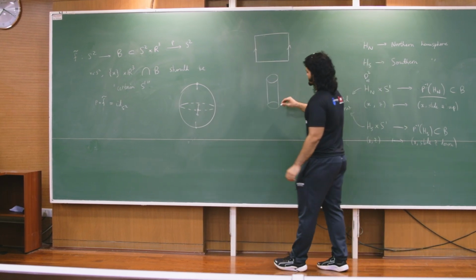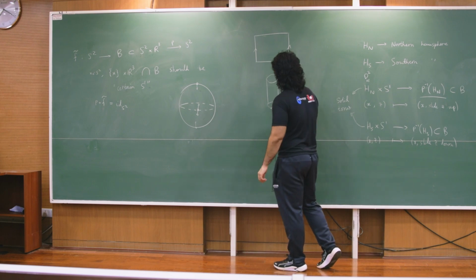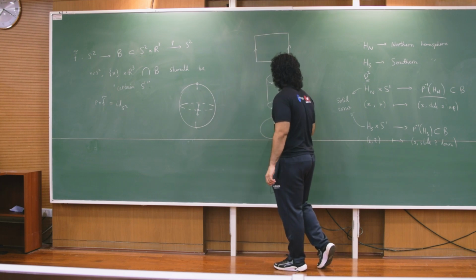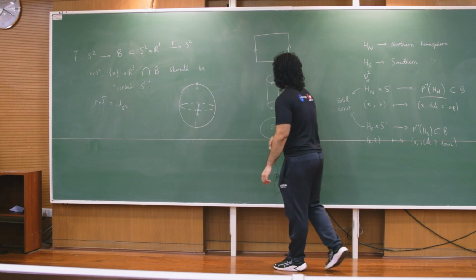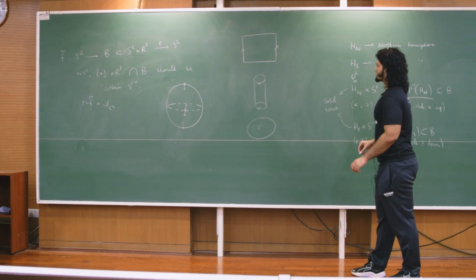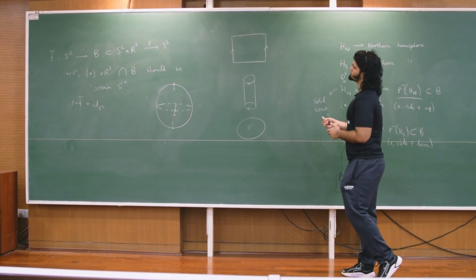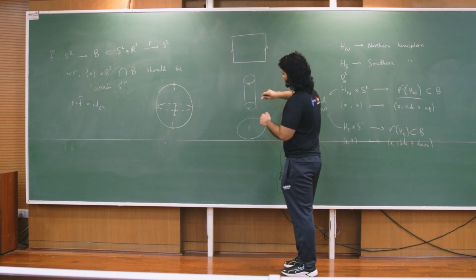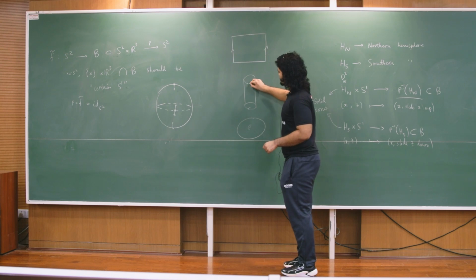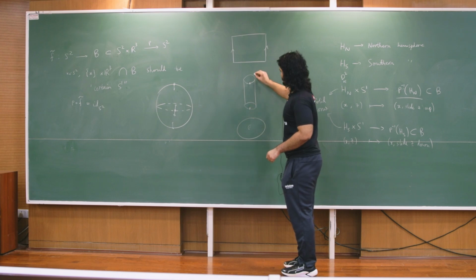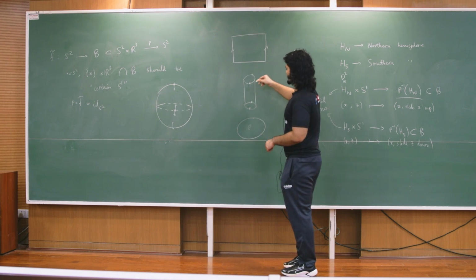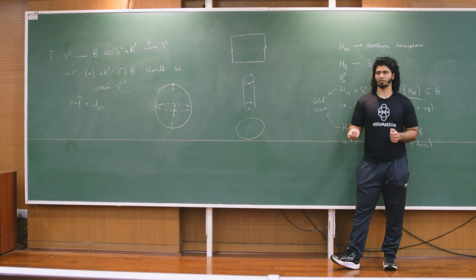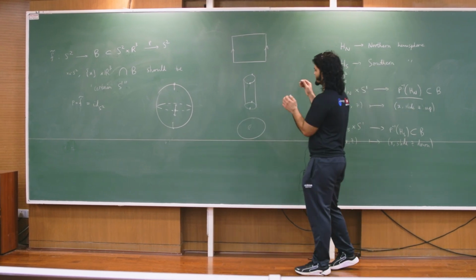And then you glue this bottom circle to the top circle to get a torus. So how do you think about this gluing process? You want to build a correspondence, right? If I have a point over here, I want to say glue this point to this point, and so on, right?